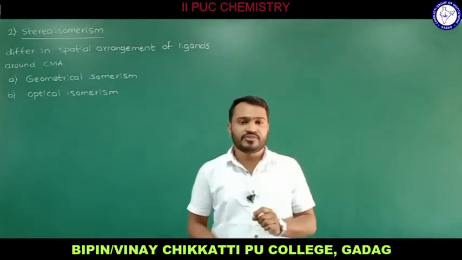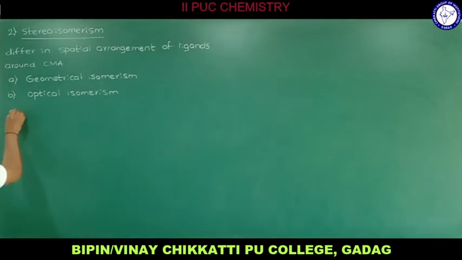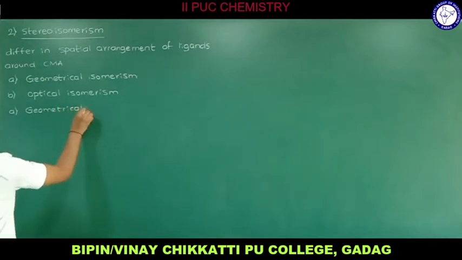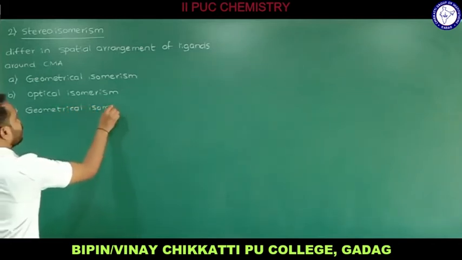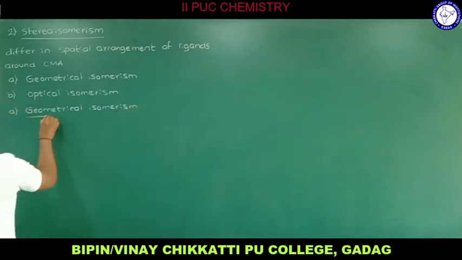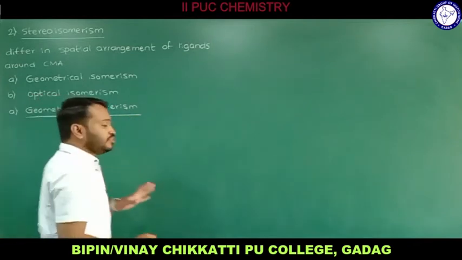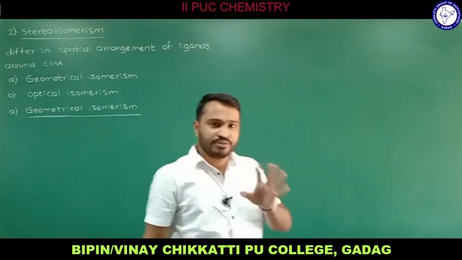I will move on to the first one, geometrical isomerism, the first type of stereo isomerism. It is a type of stereo isomerism where the spatial arrangement of ligands is going to differ.